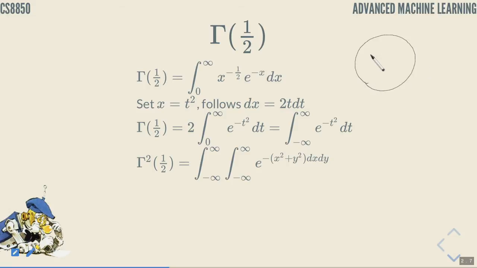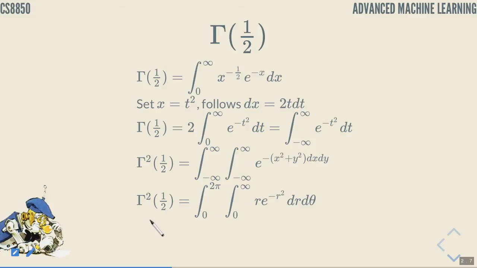When you have a circle expressed as x squared plus y squared equals r squared, you can always express it in a polar coordinate system as the radius and theta, the angle. This is how it will look. Still, gamma squared of 1/2 will be a definite integral over the full circle, from 0 to 2 pi.